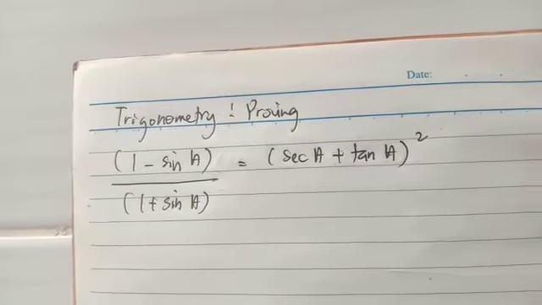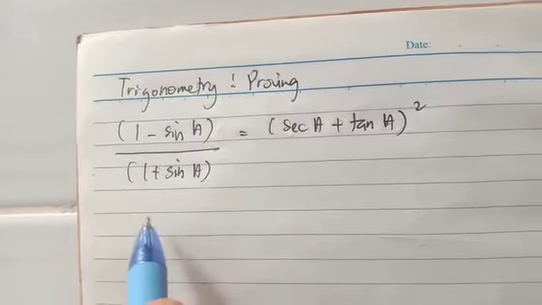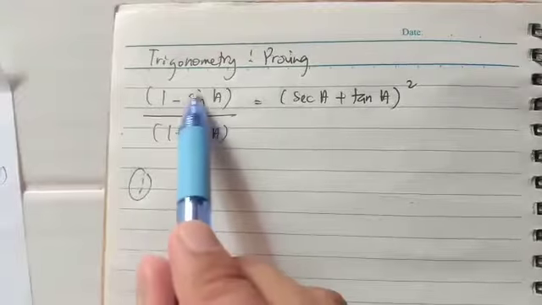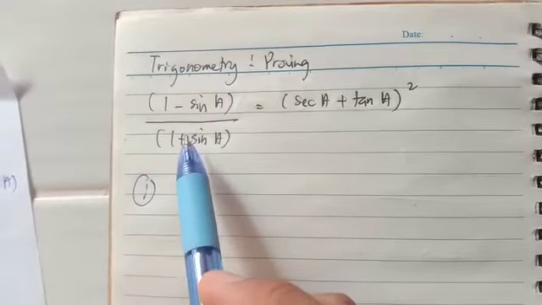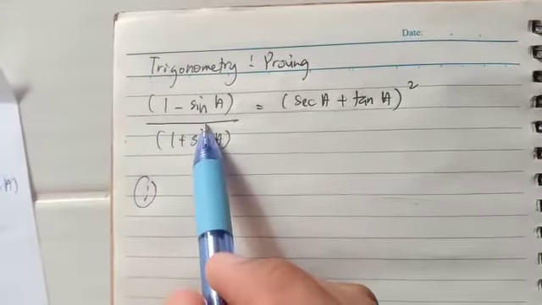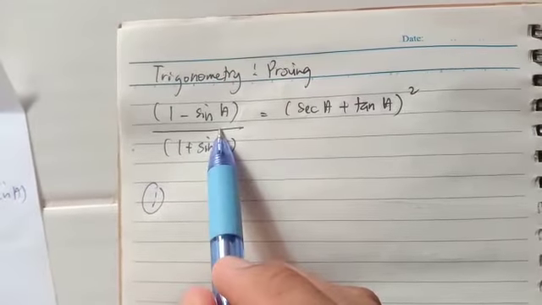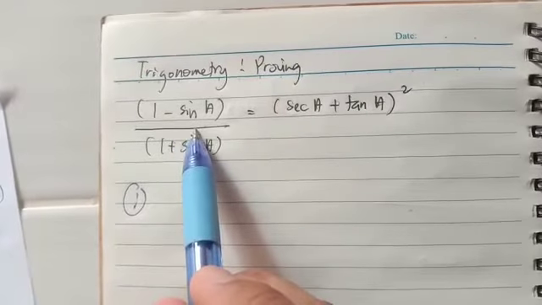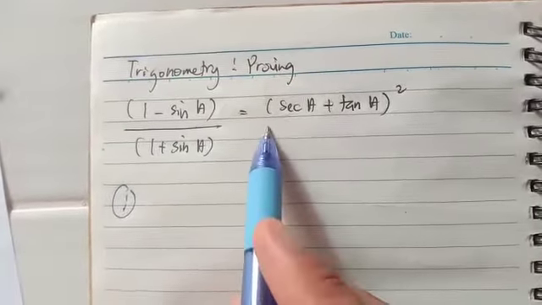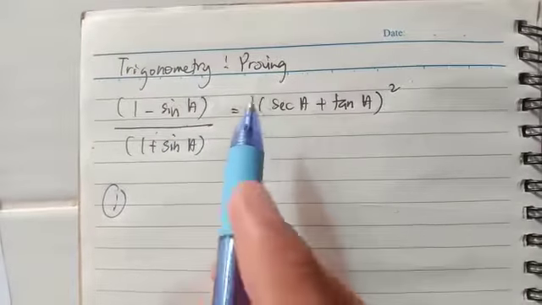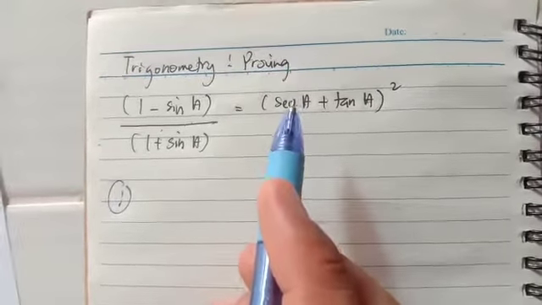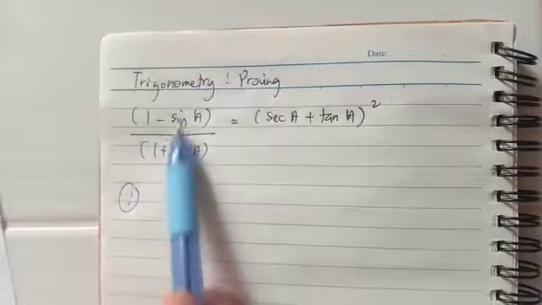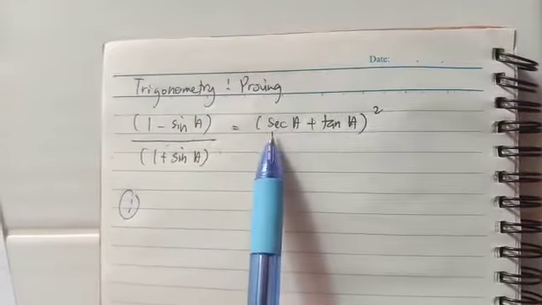So we're going to start from the left hand side here. First thing first, we have to change this left hand side to a new form that will make it exactly like the right hand side.